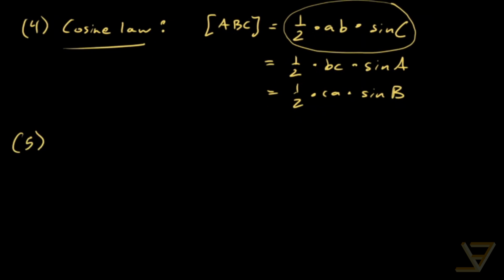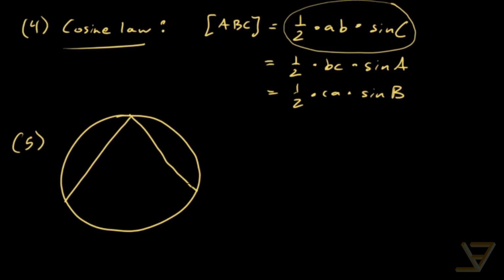The fifth way involves what we call the circumradius. So if we have a circle like this and inscribed in it is a triangle, and there's always a circumcircle, although we're not going to prove that right now.